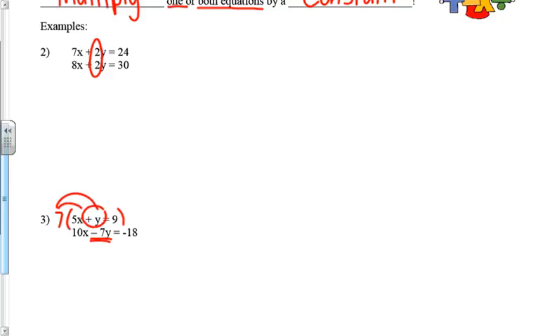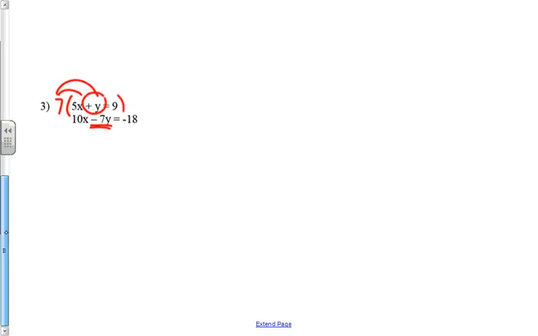This is -7y, and then they cancel out. So there's really no wrong choice that you can use, as long as you get those two variables to cancel. We either need the x's to drop out or the y's to drop out. Because I have the 7 here, I'm just going to go with that method right now. So we're going to distribute through the 7.